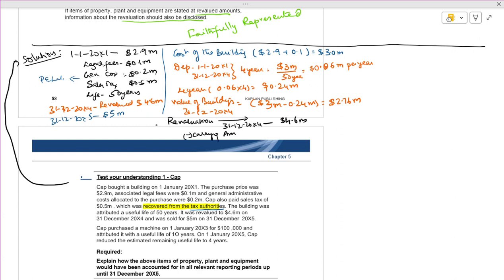Carrying amount at 31/12/2004 is 2.76 million. Revalued amount 4.6. How much is the revaluation gain? 1.84 million.